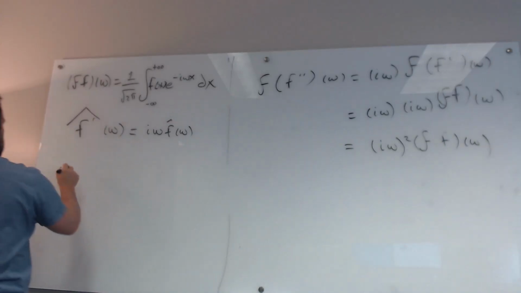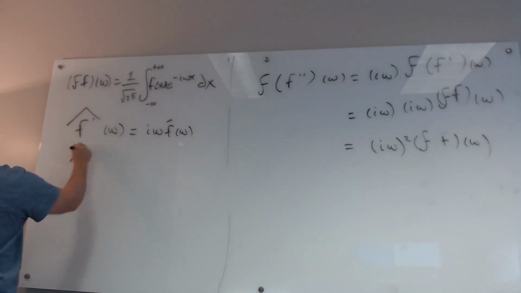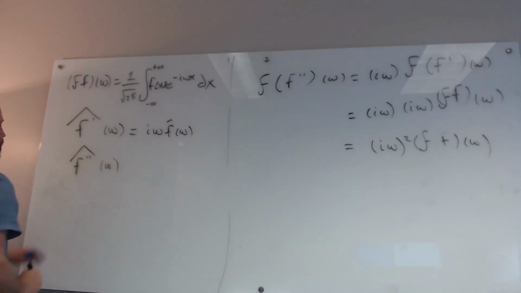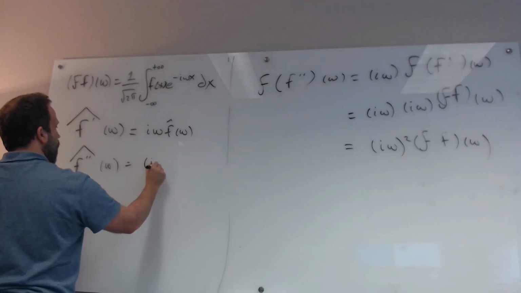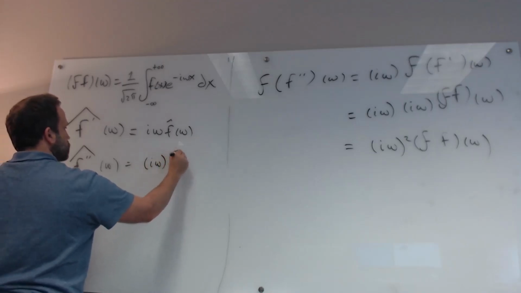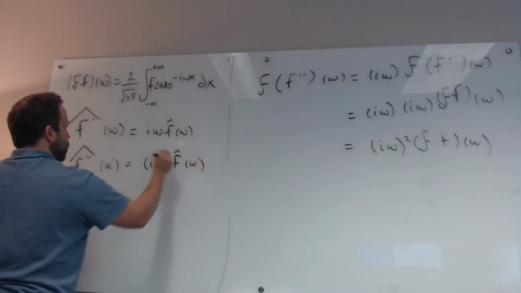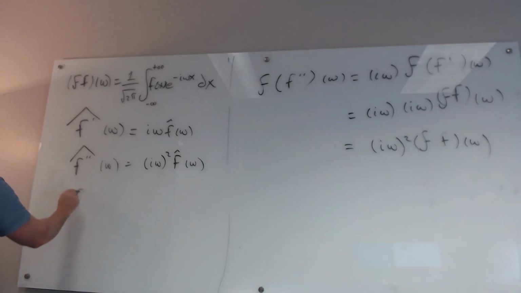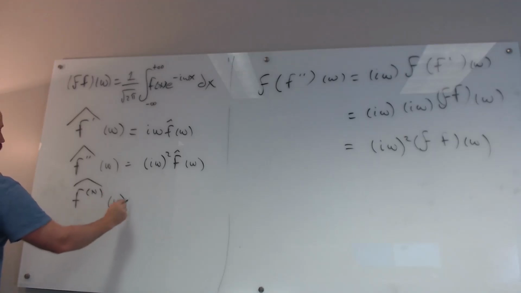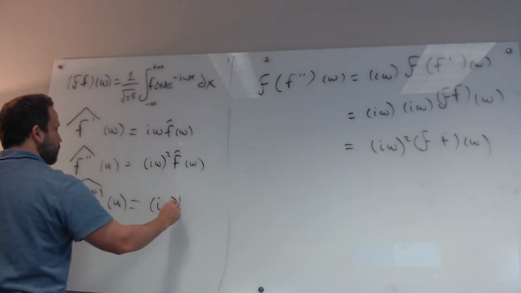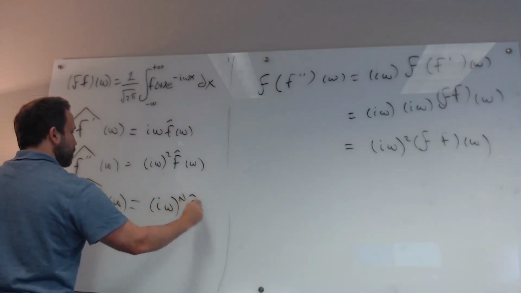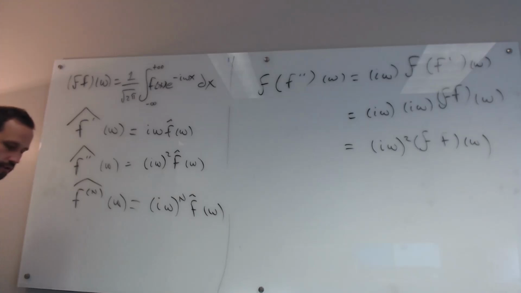So the Fourier transform of f double prime is equal to i omega squared times f hat of omega. And in general, if we take the Fourier transform of the nth derivative of f, it's going to be i omega to the power of n times f hat of omega.